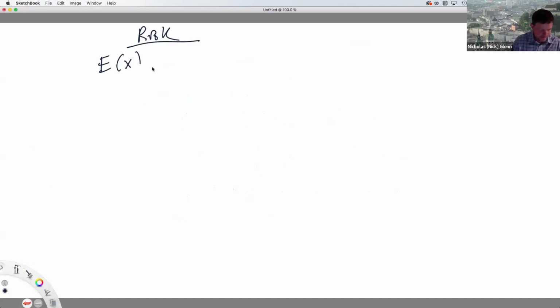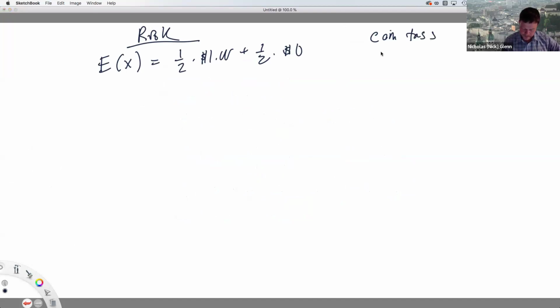The expected value of X is going to be 1/2 times $1 plus 1/2 times $0. And what we have here is a coin toss. Essentially, if it's heads, you get $1. If it turns out to be tails, $0. So you flip it.